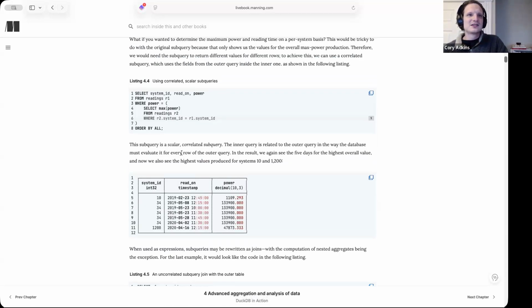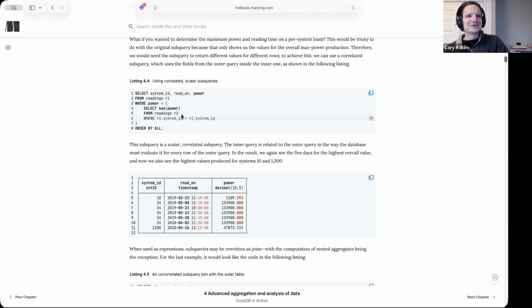So up here, we have a subquery because we have this inner query where we're referencing r1.system ID. We're taking all the readings from our table, and we want just the highest readings where a system is in both tables.